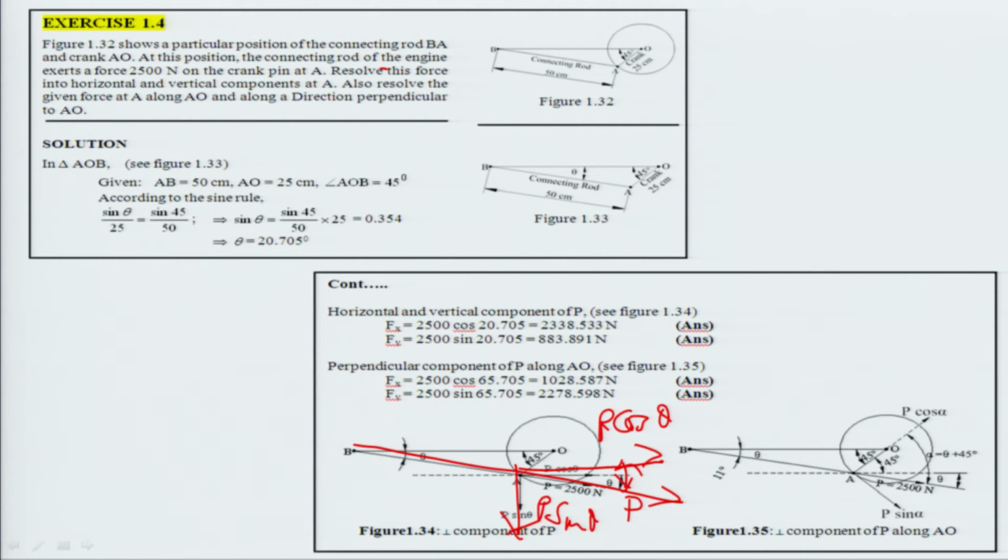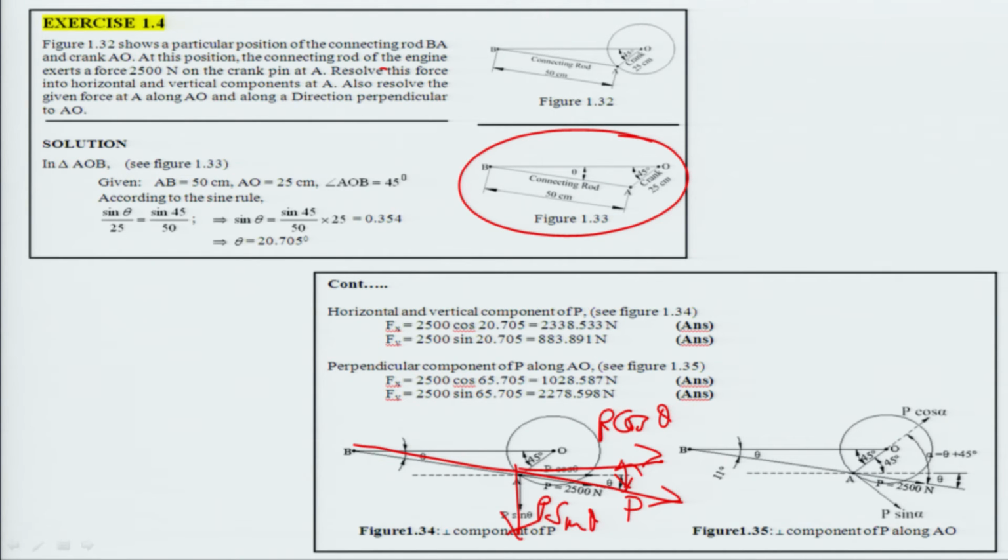How can theta be calculated? Theta can be calculated with the help of the sine rule in this diagram: 50 upon sin 45 is equal to 25 upon sin theta. With the help of this, theta is calculated as 20.7. So, the components can be calculated.